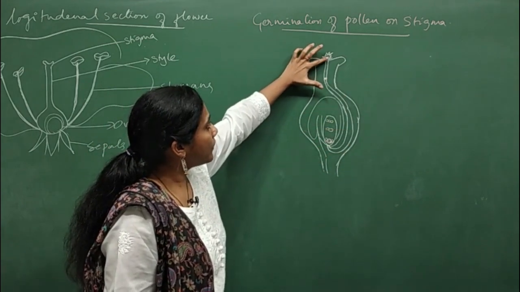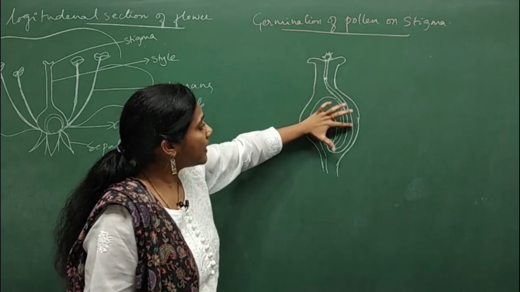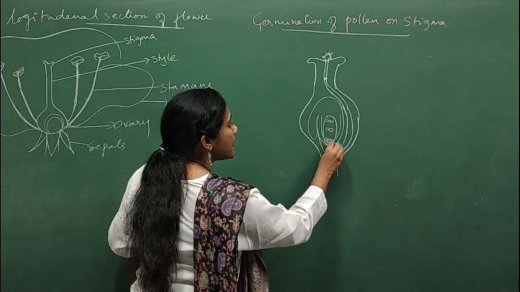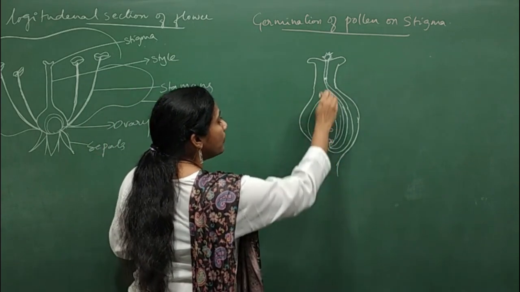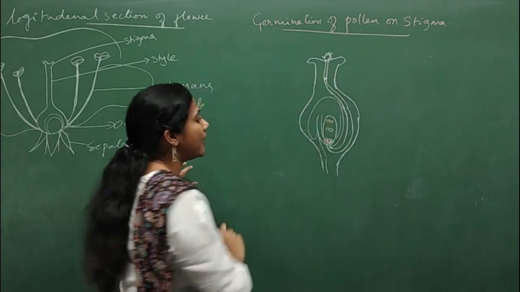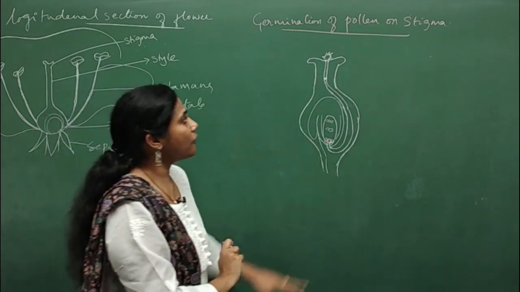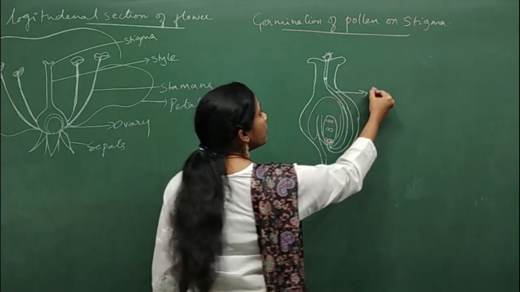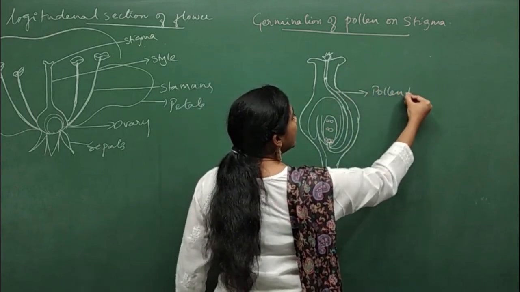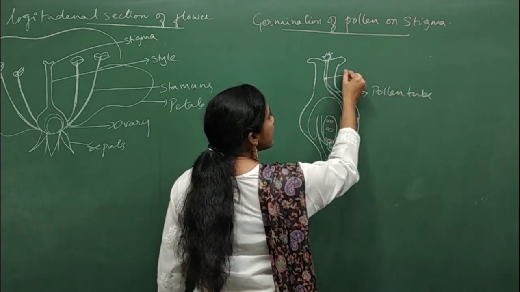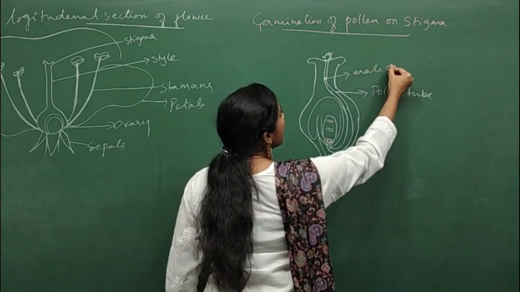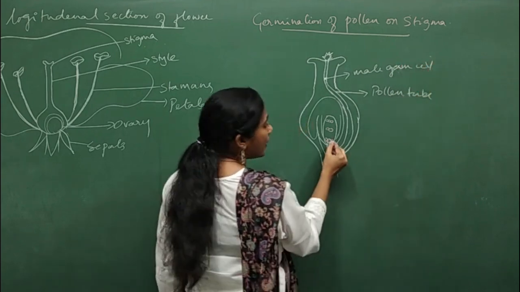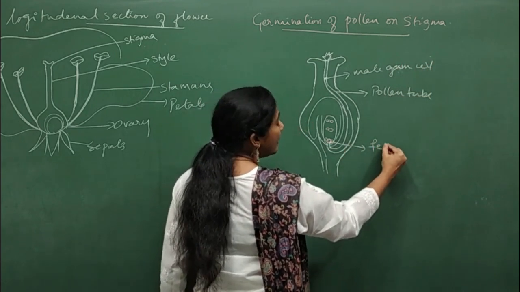So from a pollen grain, a long tube is growing towards our female germ cell, to help the male germ cell reach our female germ cell. Clear? So this is how you have to show. Now the label parts. The important part is the pollen tube only. So this is your pollen tube, and this is your male germ cell, and here this is your female germ cell.